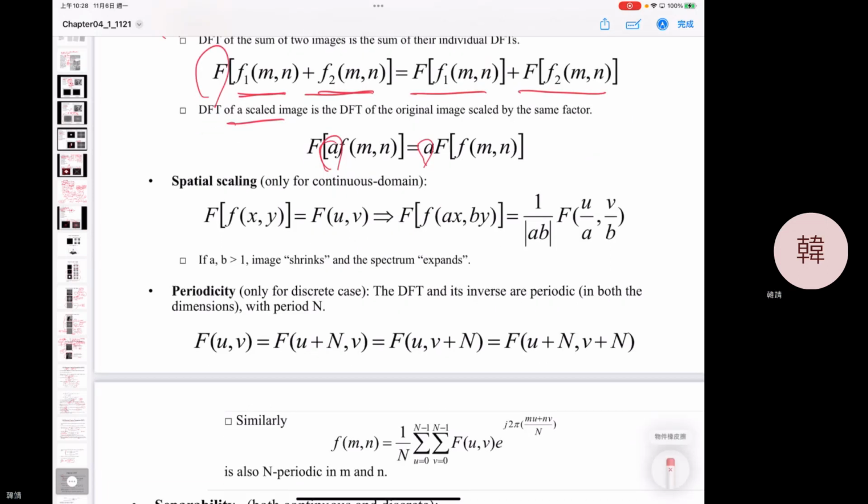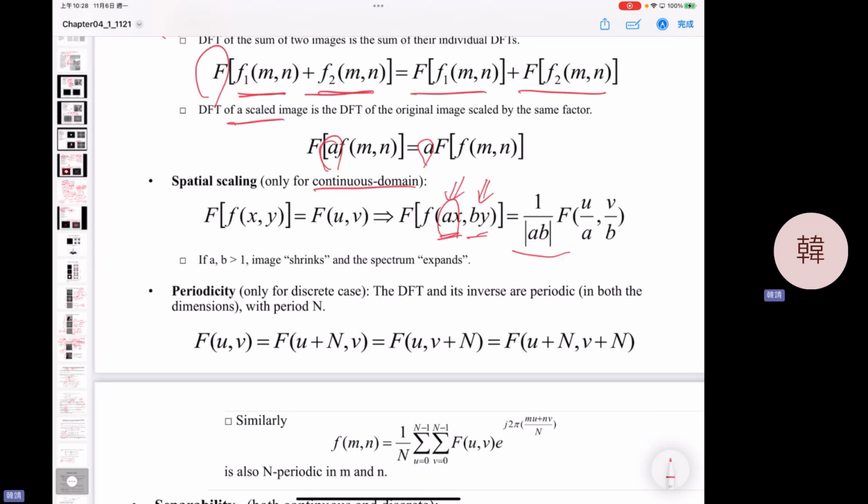Spatial scaling. Okay, so this is for the continuous domain. If you scale your spatial coordinates, you are doing scaling by a, which may be bigger than 1 or smaller than 1. You can think about that one. So you will jump your spatial coordinate to another point. So a will change your index in the spatial domain, and b also in the y direction, the horizontal coordinate.